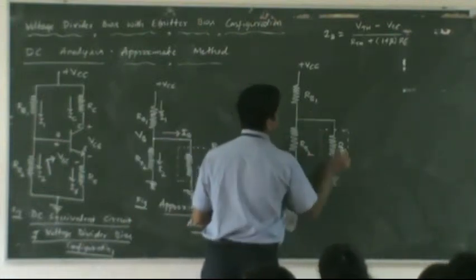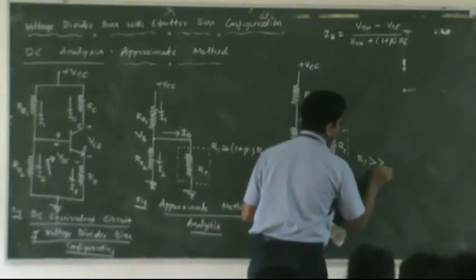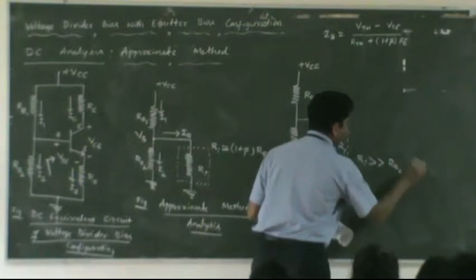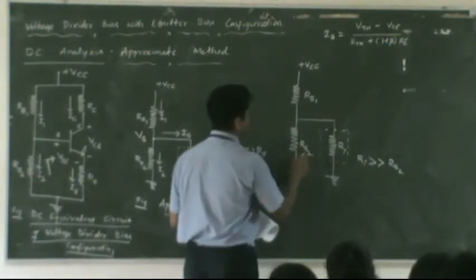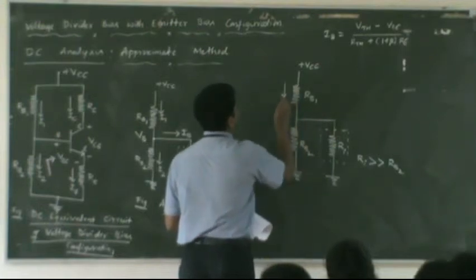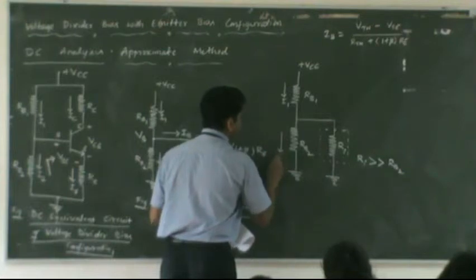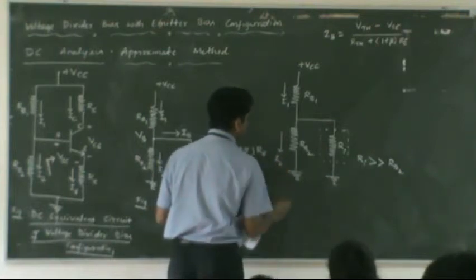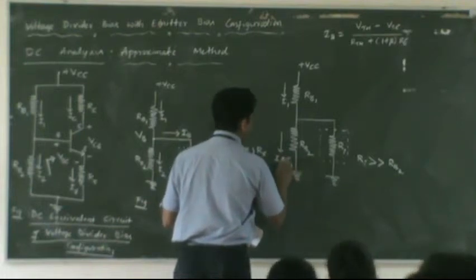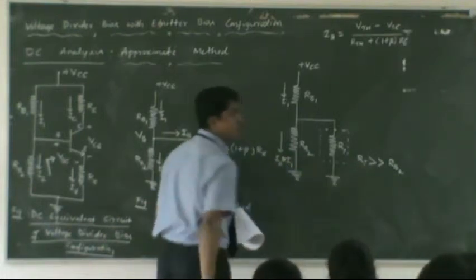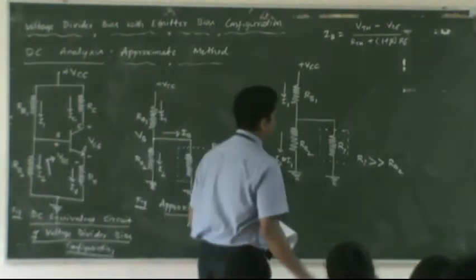If I assume that Ri is much larger than RB2, what will happen to this current? Already we assumed the current flowing here is I1, and the current flowing here is I2, which becomes approximately equal to I1, because we are assuming that Ri is far greater than RB2.